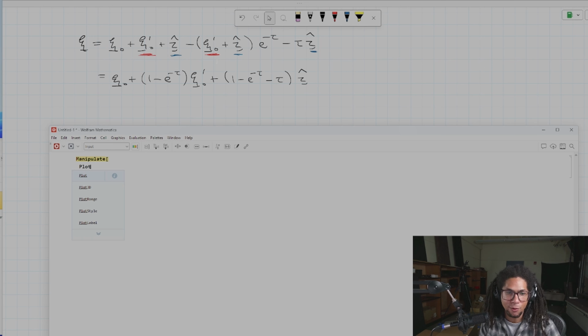But notice that I really don't need to worry about C naught itself. That's just going to move the solution vertically up and down. The other thing is that I would have to plot every direction independently, but it looks like the most interesting things are going on in the z direction. So I'm going to plot that first. All right, so I'm going to ignore C naught, since as I said, that just moves things up and down.